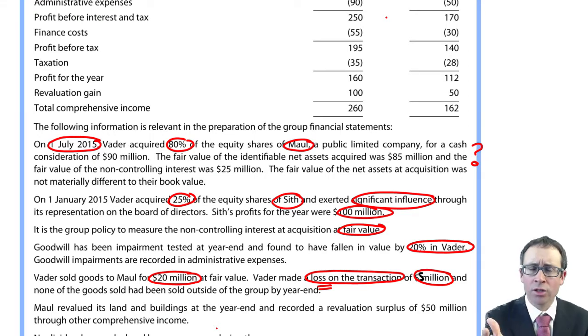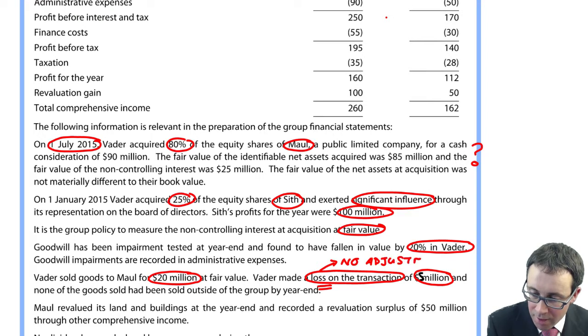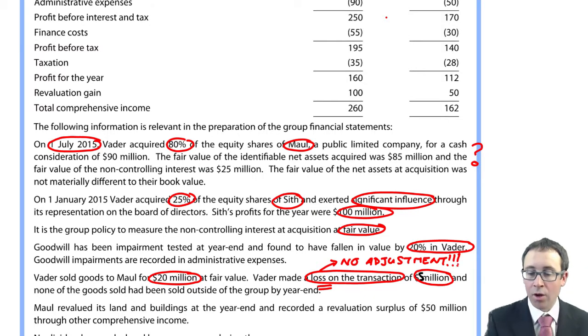If you can anticipate a loss, then you should recognize that loss in full immediately. So whatever figure we have for the loss on transaction, there is no adjustment, assuming that it's at arm's length.